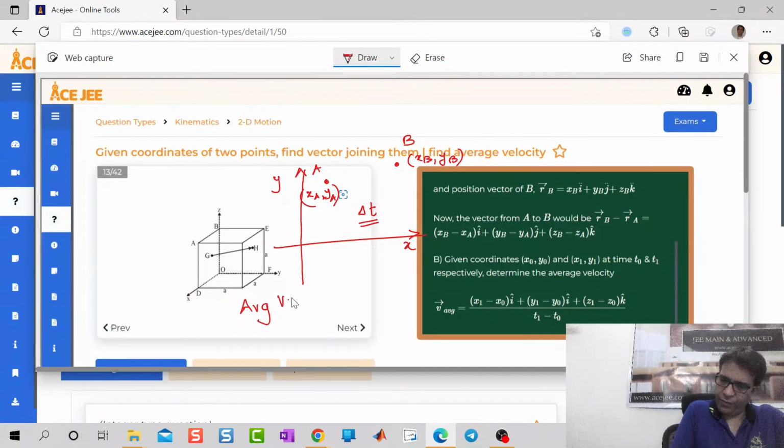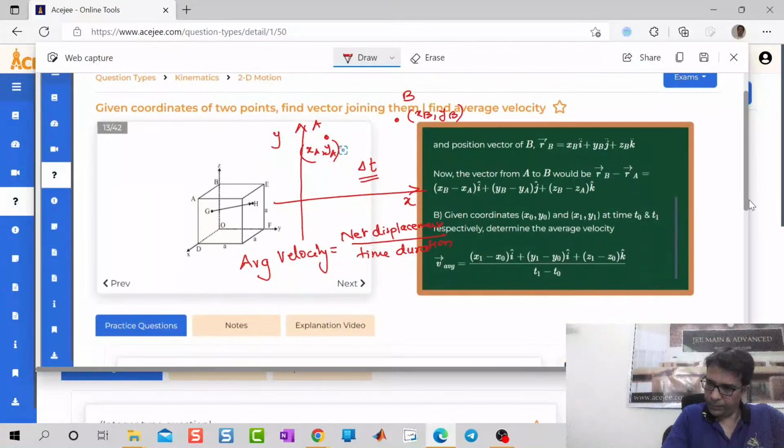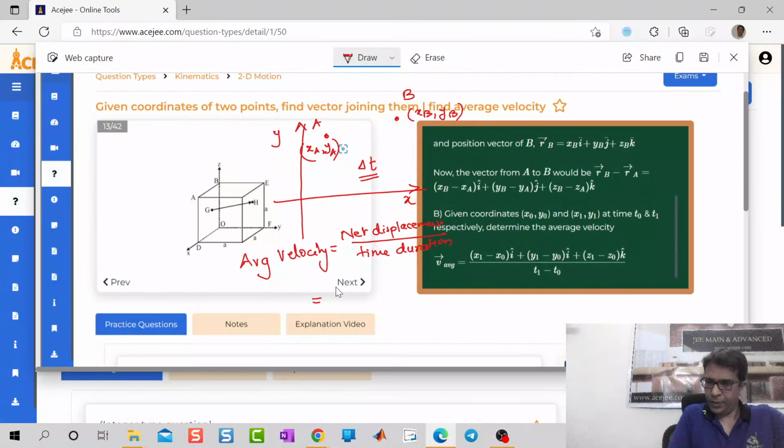Once again, average velocity is defined as net displacement divided by the time duration. So what is the net displacement? If the particle goes from here to here, this is the displacement S. And how do you find this S vector?